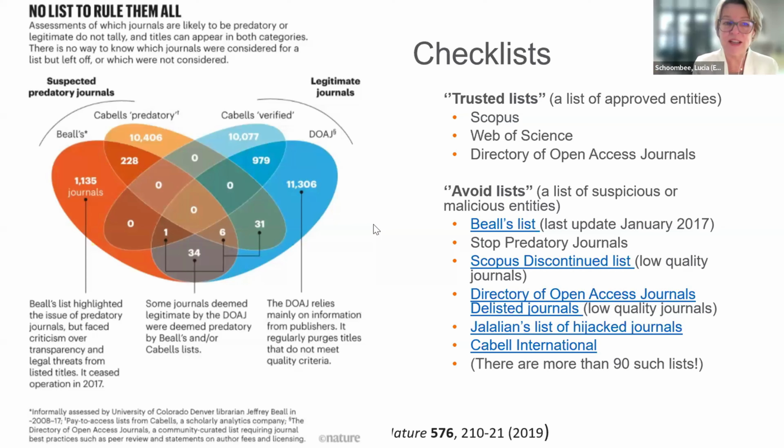This is not to say that there are never any predatory journals that slip into these lists, because they do, unfortunately. Despite all the efforts that we and other indexes like us make, they do slip in, but it is a very low chance of that happening.